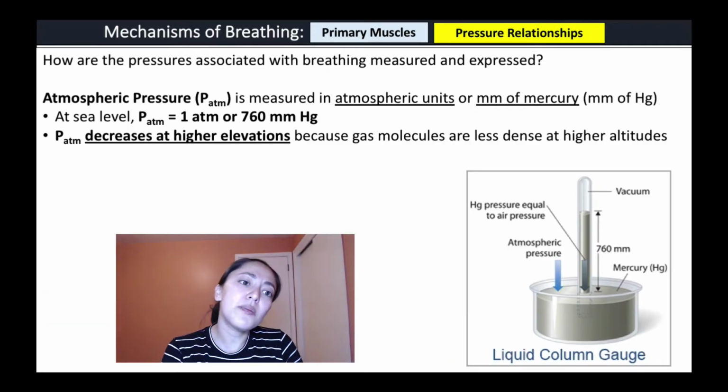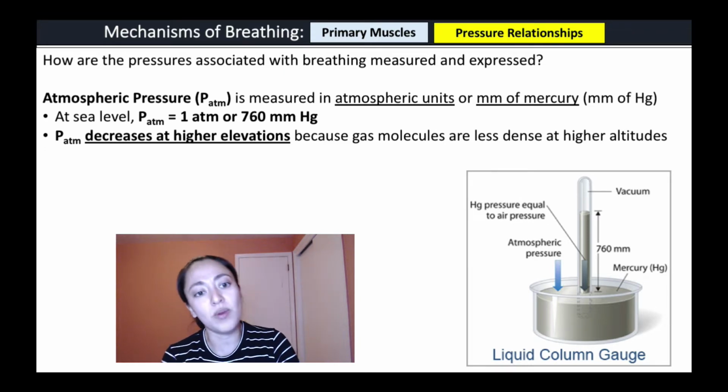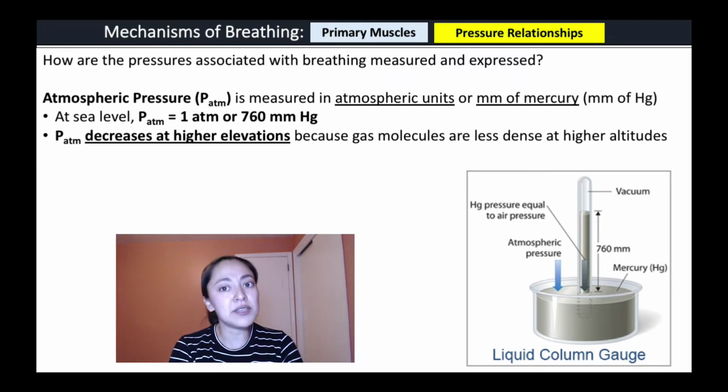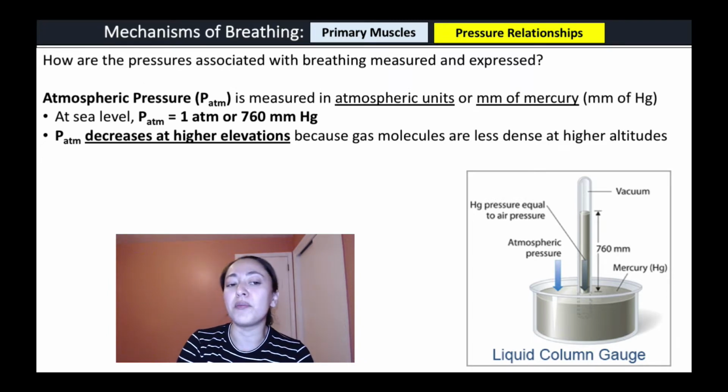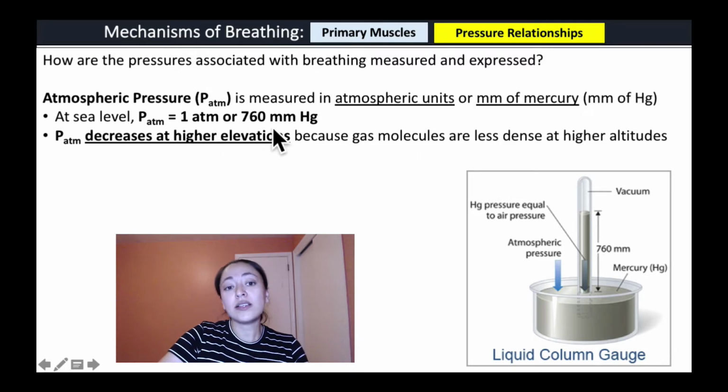Let's talk a little bit about how pressure associated with breathing is measured and expressed. Atmospheric pressure is measured in what we call atmospheric units or millimeters of mercury. At sea level, the atmospheric pressure is equal to 1 atmospheric unit or 760 millimeters of mercury.